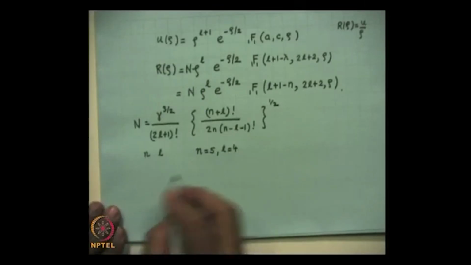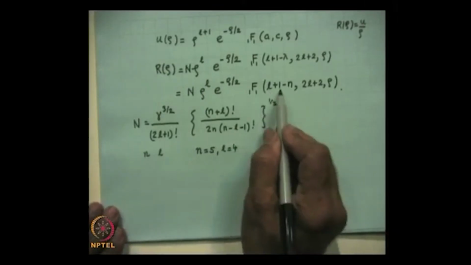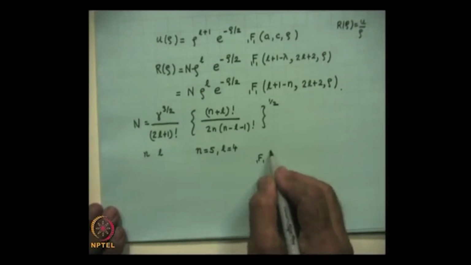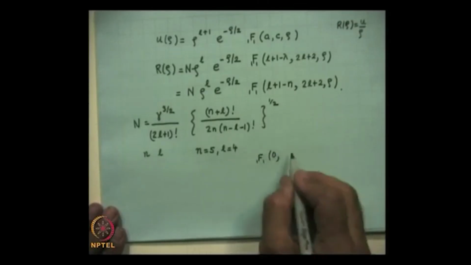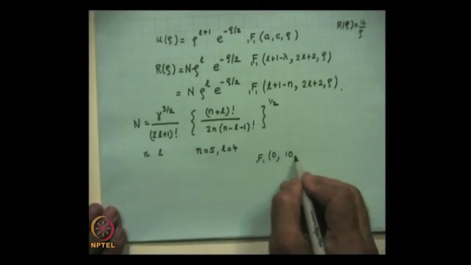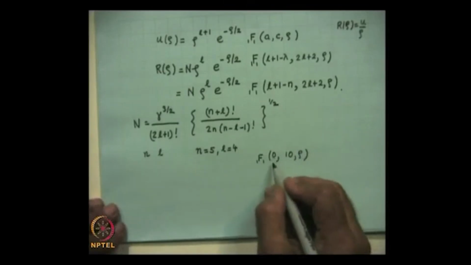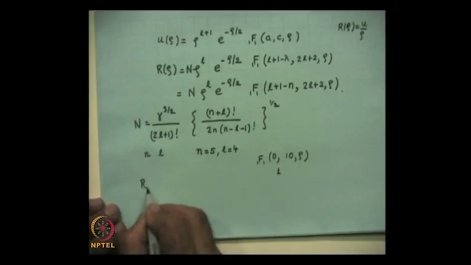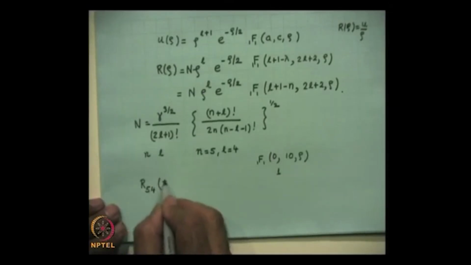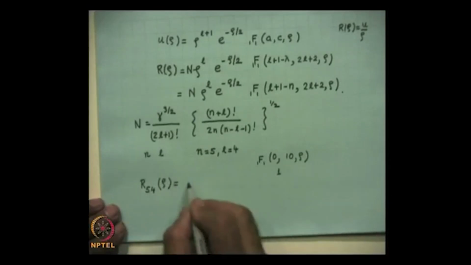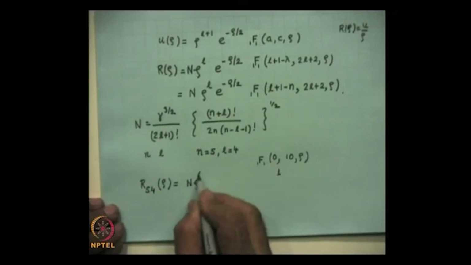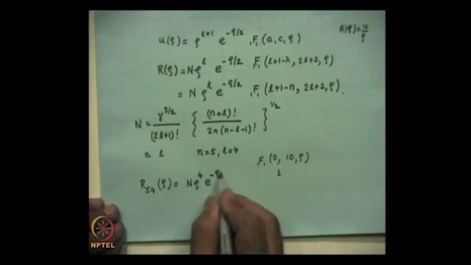You can now see that L plus 1 minus n is 0, so this function F 11 will be F 11 (0, 10, rho), but if A is 0, this is 1. So, I can immediately write down, within a multiplicative constant, R 54 of rho is equal to some normalization constant times rho to the power of 4 e to the power of minus rho by 2.